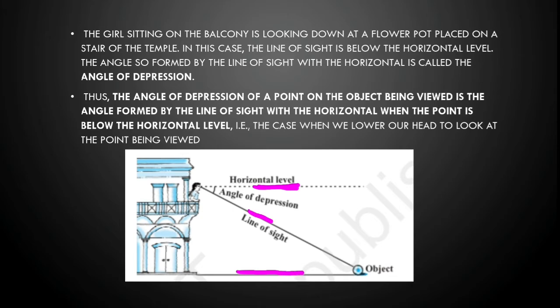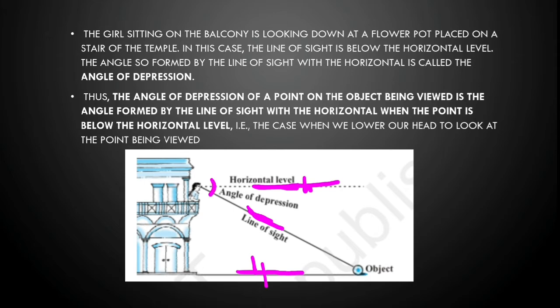If she looks straight, this is the horizontal level, which is parallel to the ground. And she is looking down at the flower pot. This is the line of sight. Now the angle between them is called the angle of depression.